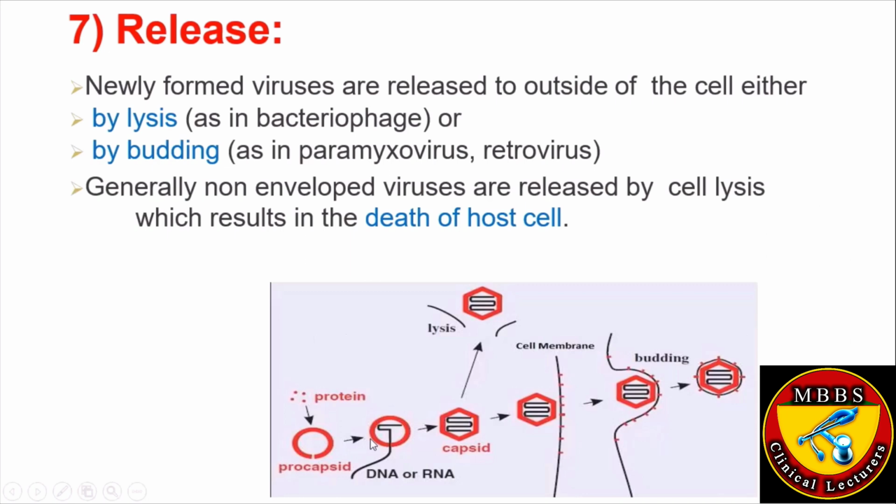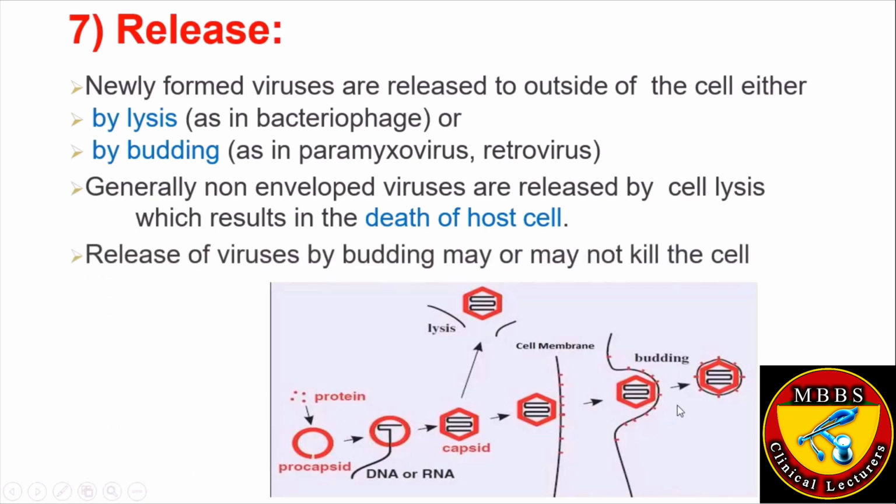See here, after the assembly, they are going to be released from the cell, either by the lysis of the cell when cell death occurs, or by budding, when there is no lysis of the cell and they come out of the cell in the form of budding. Release of viruses by budding may or may not kill the cell. Generally, they are not going to kill the cell.